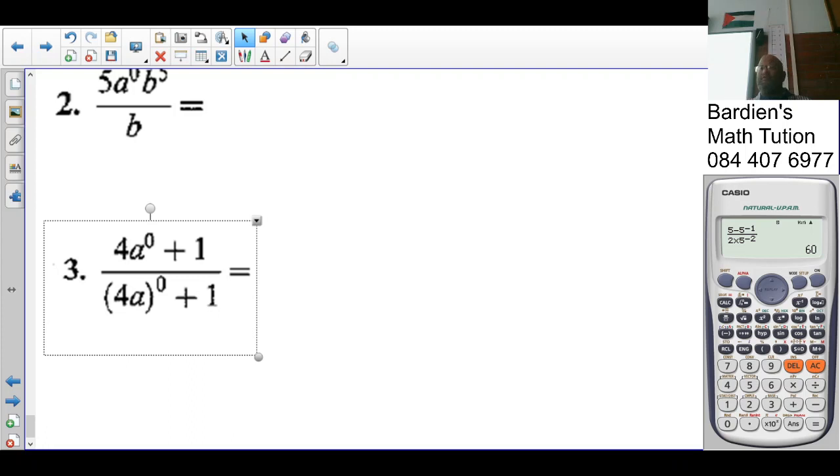Please don't do all of it. Why don't we do all the odd numbers? Okay. So exercise 2, page 16, odd numbers.